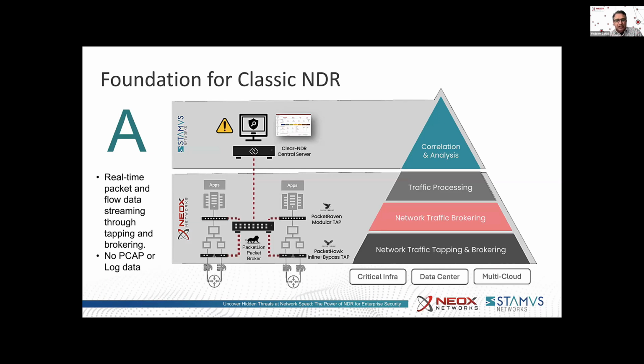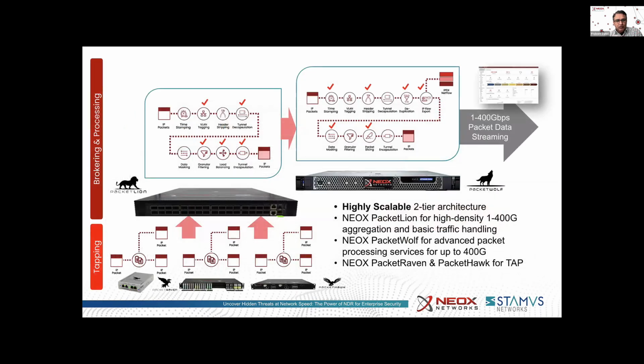Going to the next slide, here is how it works. We have a bunch of different types of taps. We talked about, for example, air gaps and IT and OT sites, so we have taps that maintain that gap between the two sites. The tap devices are where everything starts.